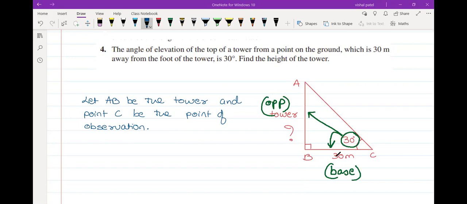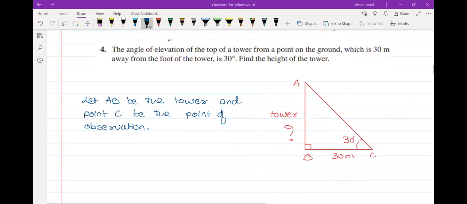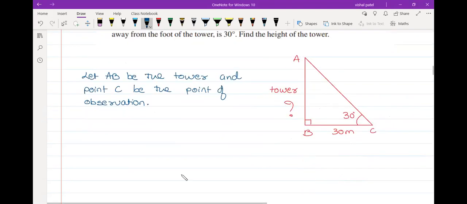Is it opposite, base or hypotenuse? Check. And here I see it is opposite and base. Opposite and base come in tan theta. So I will use tan theta. Suppose they want us to find the hypotenuse, then I may use sine theta or cos theta. So depending upon what you have to find out, you have to decide what to take. Is that clear? Yes, sir. Okay.